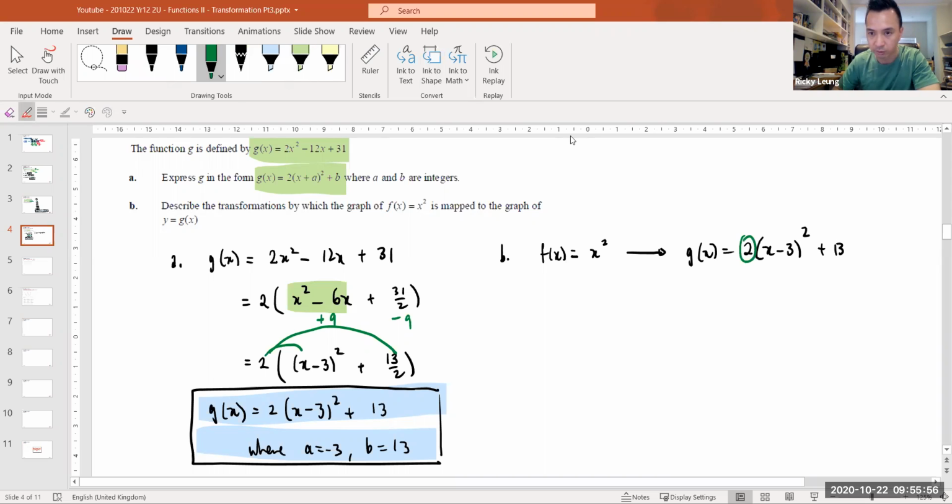Like I did last week and the week before, I've got a vertical dilation there, a horizontal translation there, and a vertical translation there. So in this case, the order isn't given to you. You've got to set your own order.